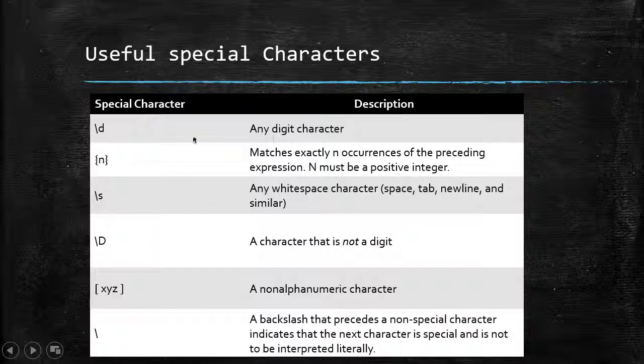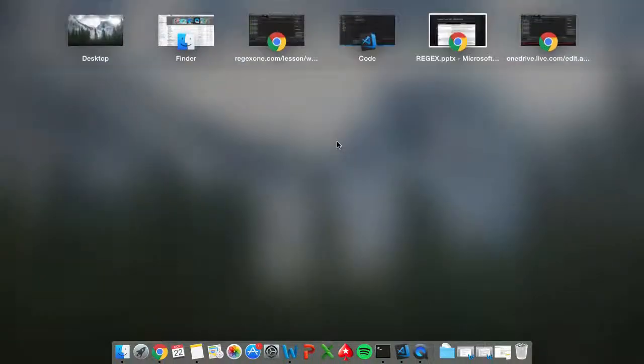With the backslash D, that will find any digit character, and with N, if you change that N to, say, any number, it will find the number of matches preceding that N. So I'll show that now.